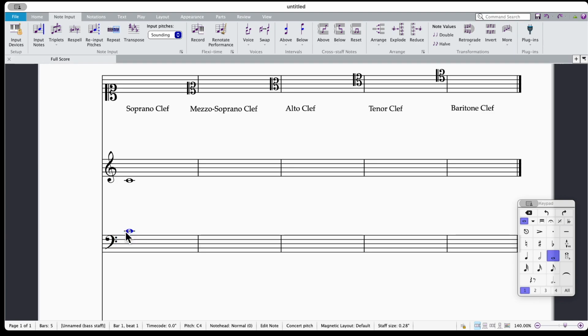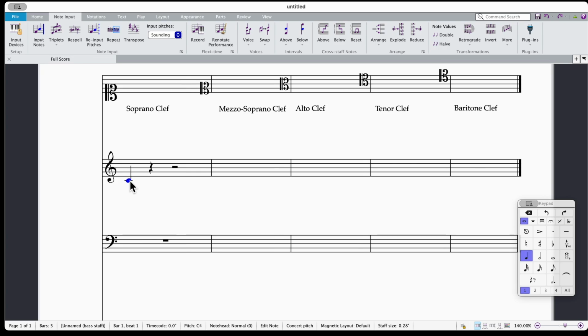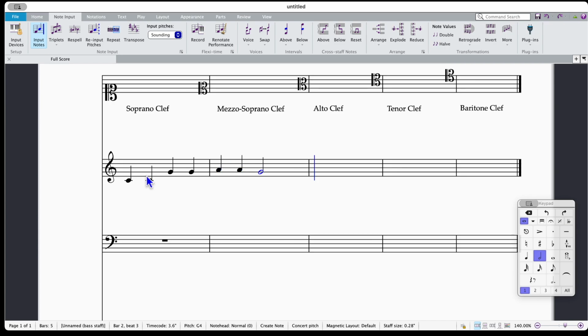Now, what's interesting about treble clef and bass clef is when we play a melody, let's do it in treble clef. And let's do Twinkle Twinkle. We go up to this high G. Right, so this is the beginning of Twinkle Twinkle Little Star.